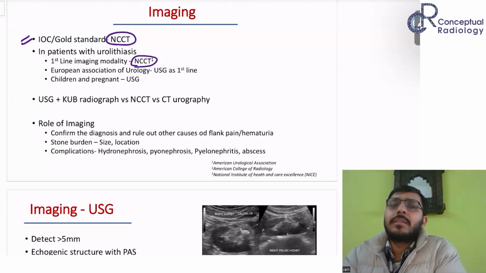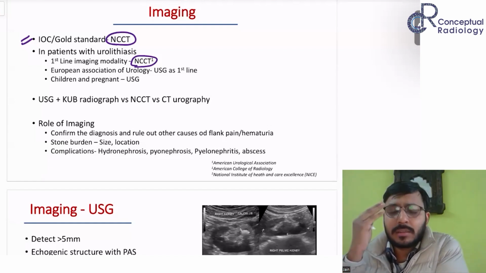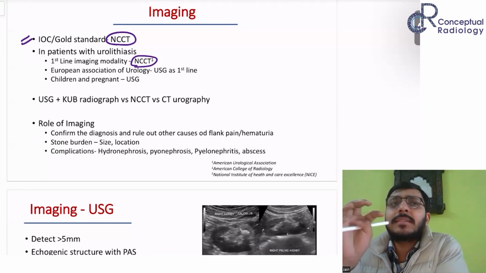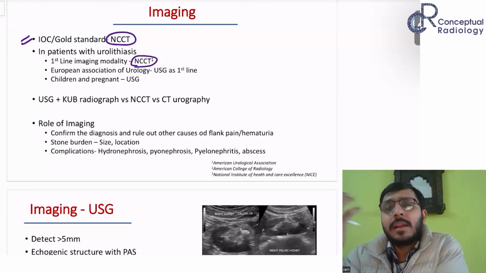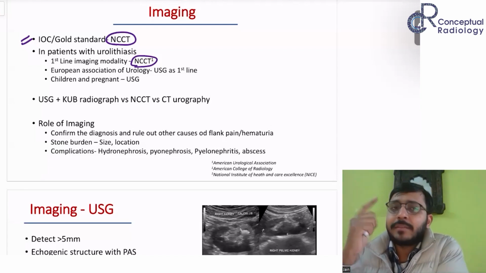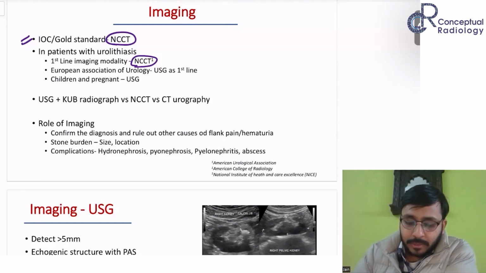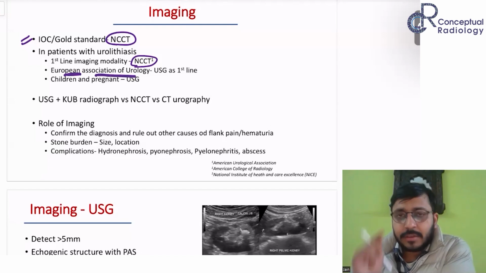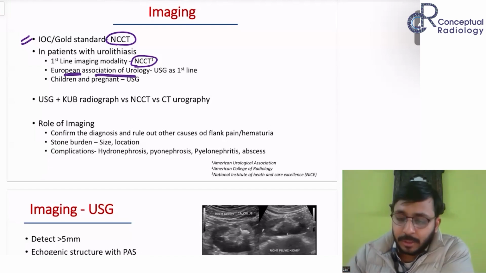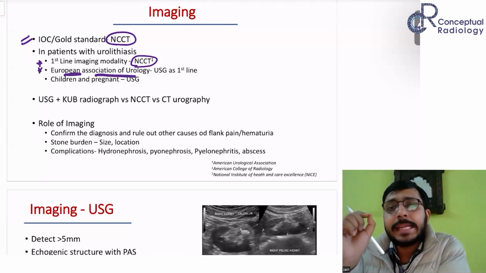However, if the clinician or you as a radiologist suspect that this type of pain is looking like a renal pain, according to AUA guidelines, the first line of imaging modality is a non-contrast CT. However, the European Association of Urology recommends the first line as an ultrasound. Okay, so remember these two important points. These are the official guidelines of AUA and EAU.